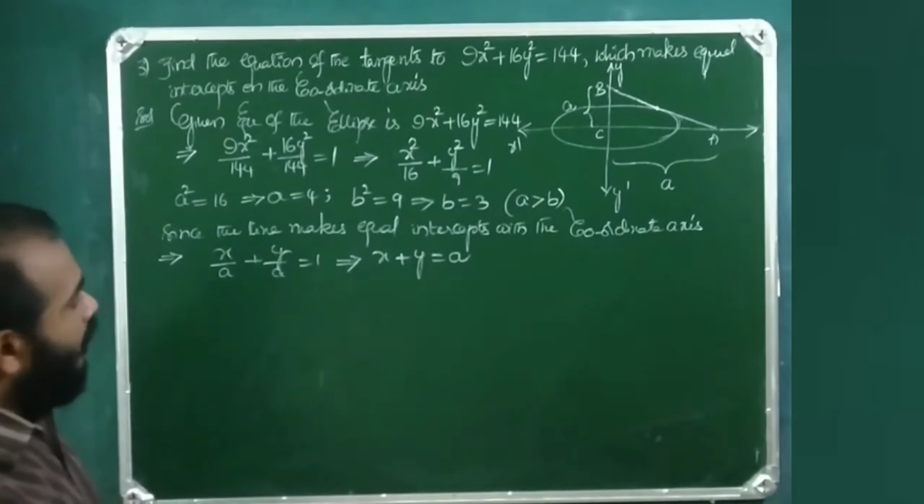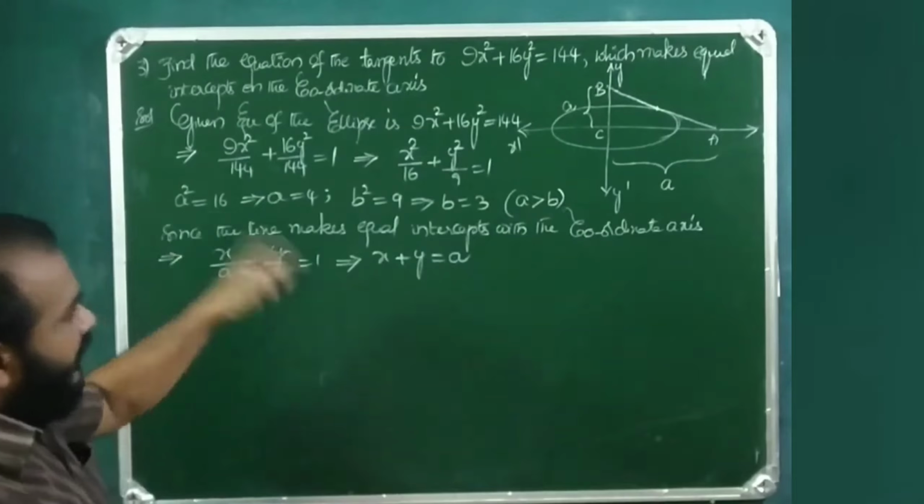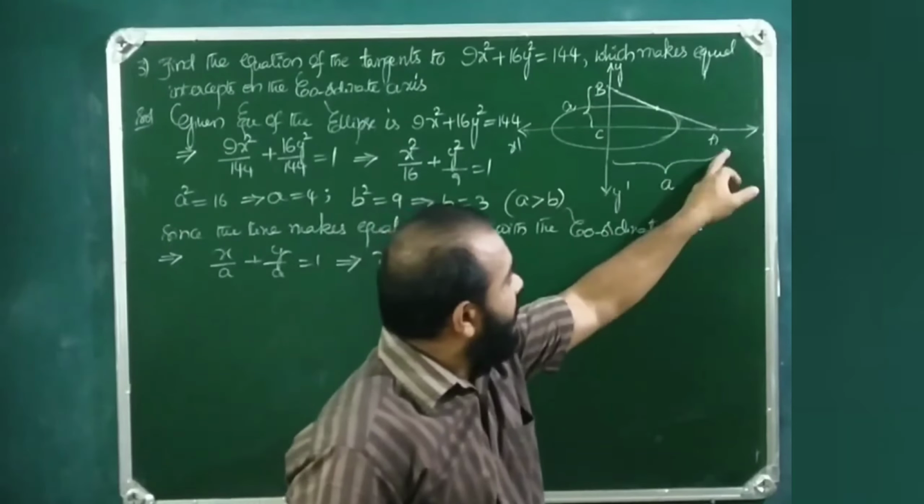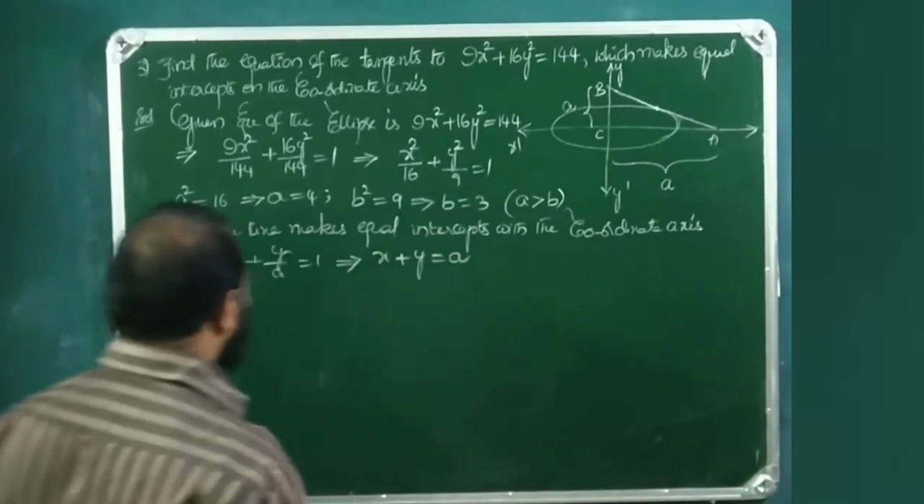So, what is the condition for this line to be a tangent to the ellipse?